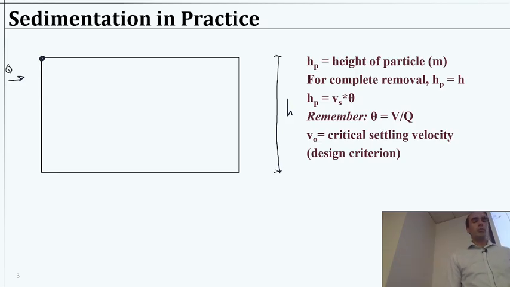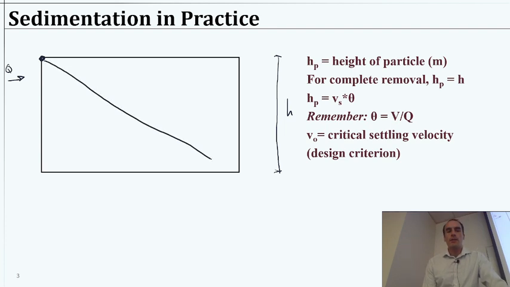And what you'll notice is we could actually consider some that start lower and have a portion of particles removed, but we'll come back to that. So if this one meets the bottom, and all it has to do is meet the bottom by the time it reaches the exit point. So here's the line that is our design.